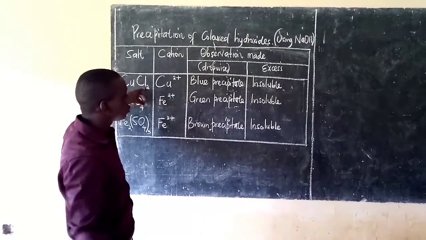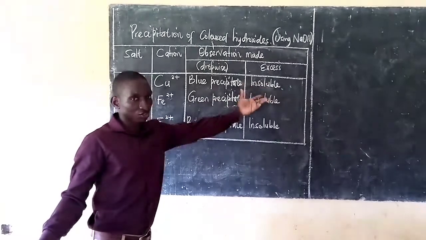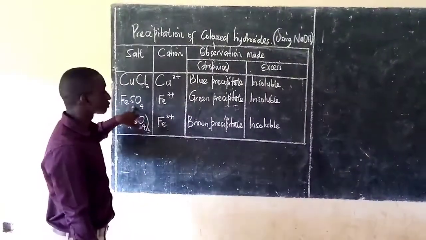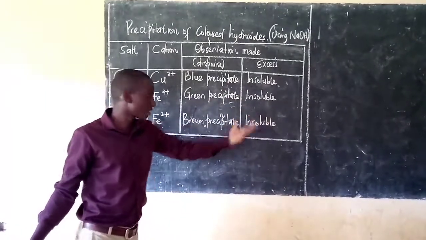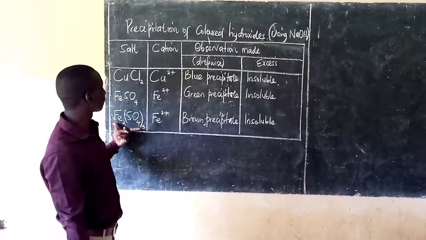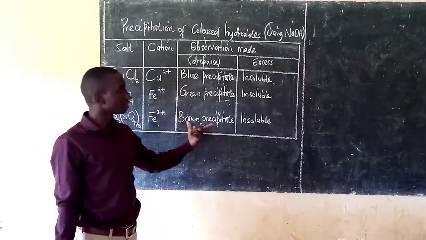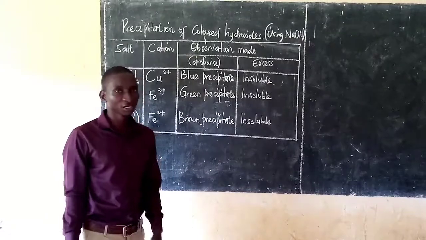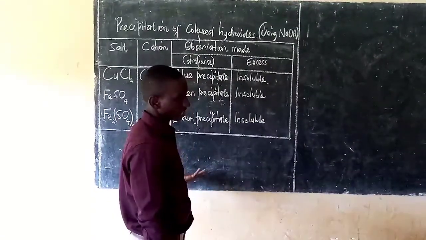Copper 2 chloride: what is observed? Blue precipitate that is insoluble in excess. If we add iron 2 sulfate, we see a green precipitate that is insoluble in excess. With iron 3 sulfate salt mixed with sodium hydroxide, we shall see a brown precipitate insoluble in excess. So objective number 1 must be realized from what we have done.